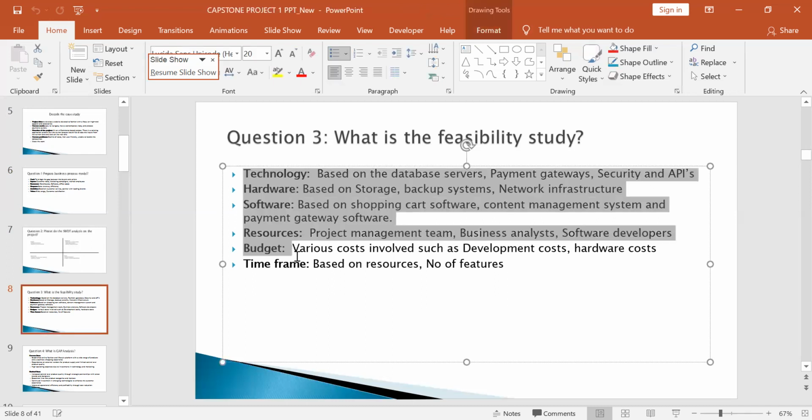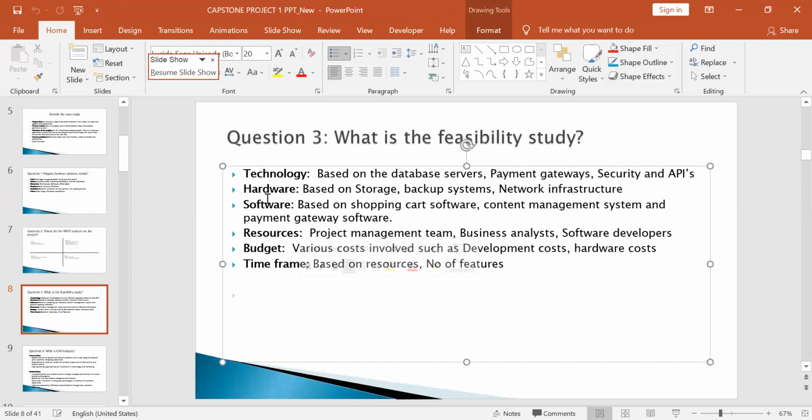Suppose we have a technology, so based on the database servers, we have different servers having payment gateway, security, API. Okay, that's how to analyze the technology in the project. So hardware, what are the hardwares we have, like storage, backup system or network infrastructure, or how to check the hardware and the software.